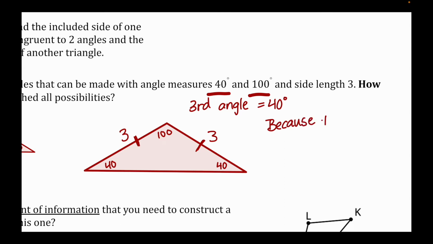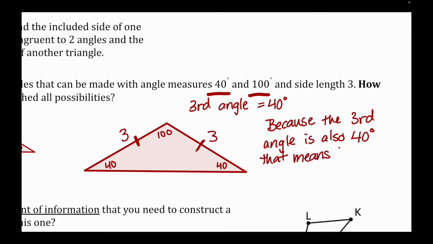Because the third angle is also 40 degrees, that means two sides will match.